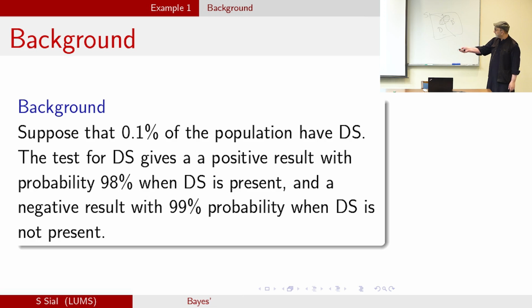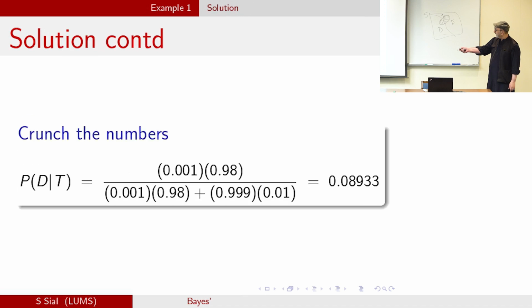Our result is considerably higher. Having the test read positive increases your chance of having the disease many times, well above that of the regular population, but it doesn't make it 99% or 98%.